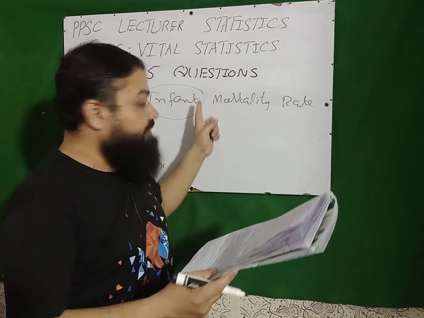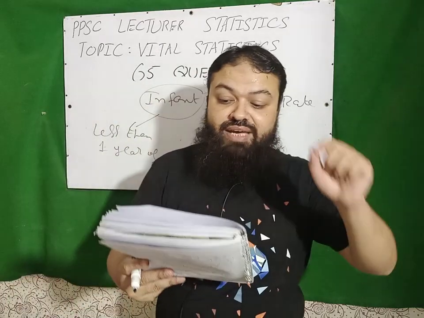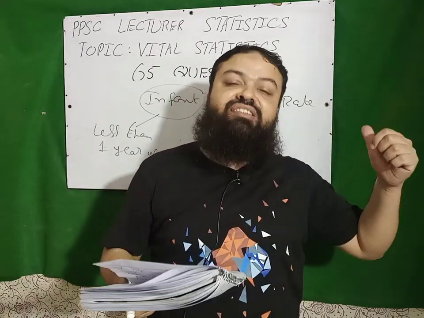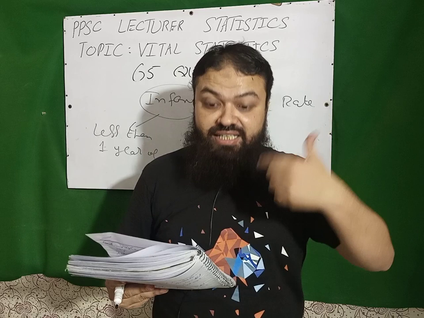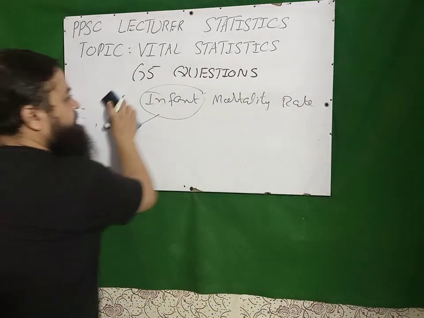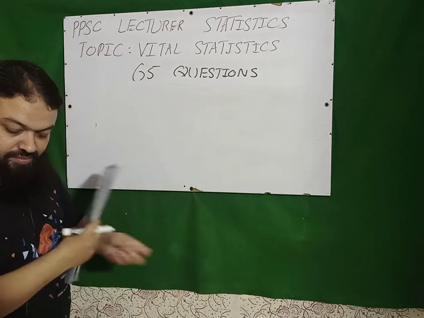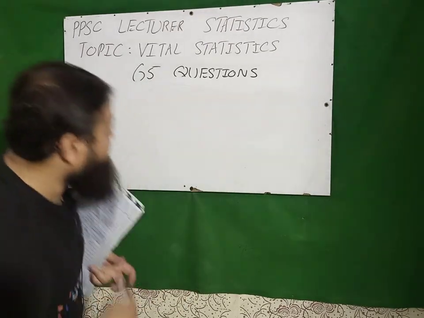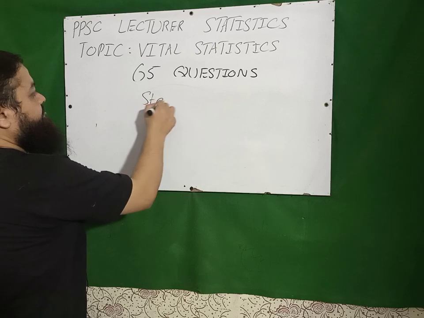Next question is, infant mortality rate is the indicator of healthiness of a society. It tells us about the hygienic condition of the people. Next is standardized death rates.